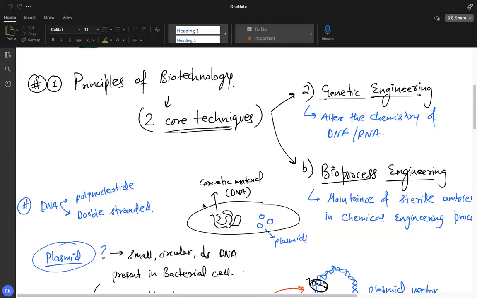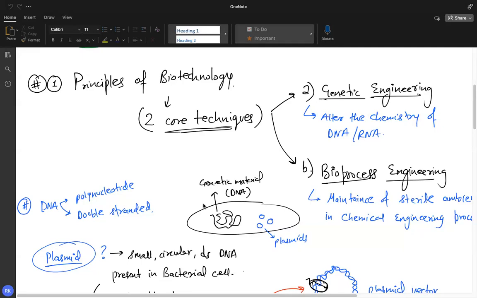In genetic engineering, we alter the chemistry of DNA or RNA itself by creating mutations or by removing a base or inserting a base or something like that, or by removing a whole gene out or putting a whole gene in through various methods. So basically, whenever you tweak or you change or you perturb the genetic material itself, that's called genetic engineering, right? You are engineering the genetic material.